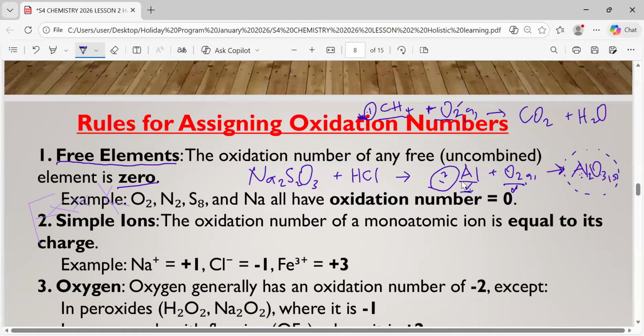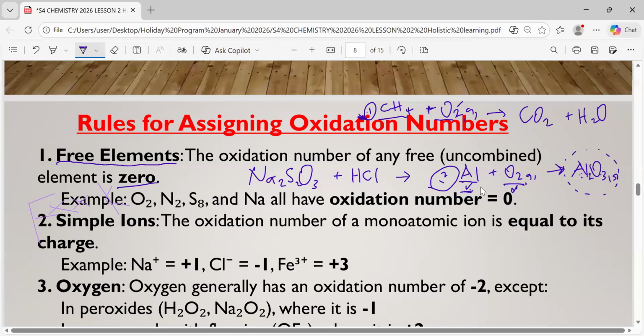Before the reaction, they have their normal electron configuration. After the reaction, one of them will gain, one of them will lose electrons. That means their charge will be changed to either positive or negative.